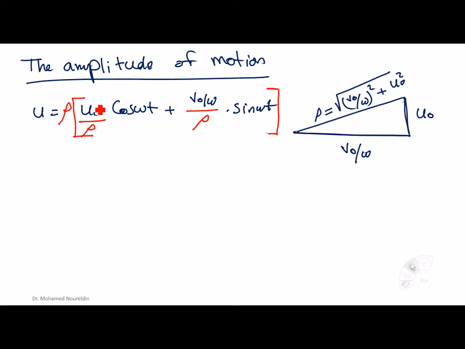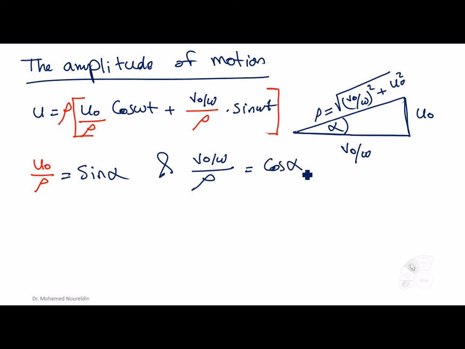But what is u node over rho? It is going to be sine of this angle, which we call alpha, so sine alpha. And v node over omega over rho, the horizontal projection over the hypotenuse, gives us cosine alpha, right?